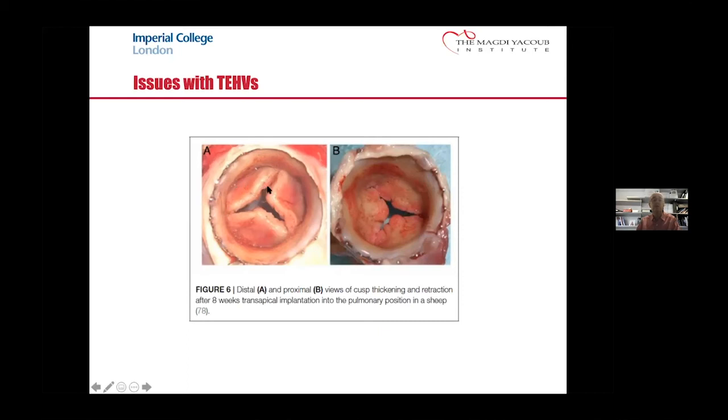There was some overgrowth, and controlling the foreign body reaction that certainly sheep seem to have, because this is what these valves have been implanted in, is one aspect. But again, the contractile response of the cells within these cusps seems to be pulling them apart.